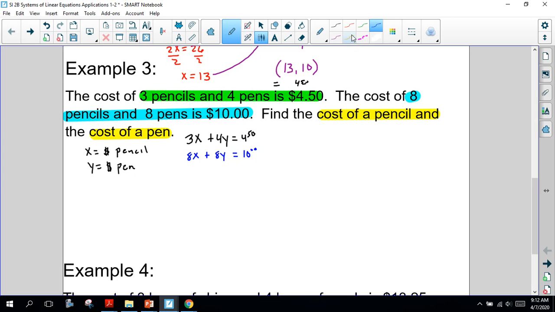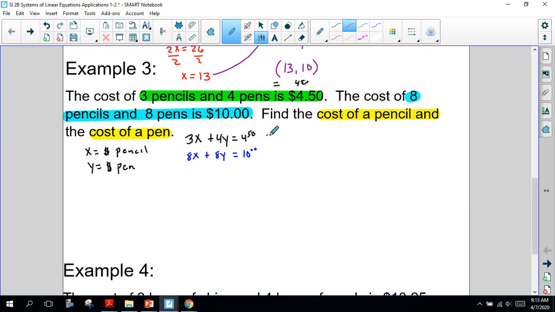Well, we've got a system of equations, and in order to solve a system in standard form, we've talked about using elimination. To eliminate here, it's going to be easy to multiply my top equation through by 2, which would give me the y's with the same value.